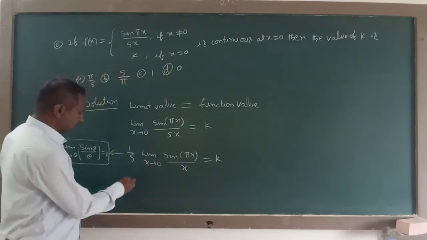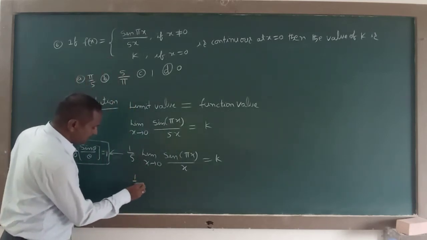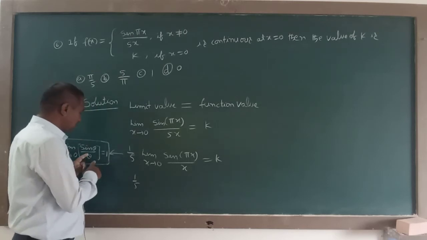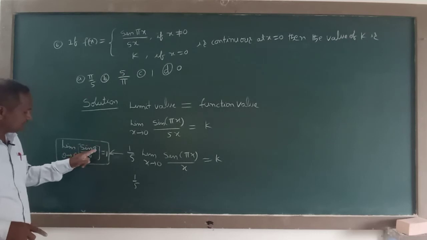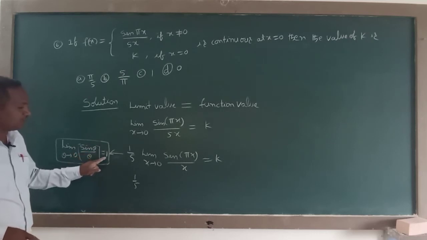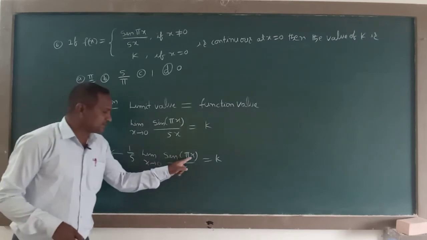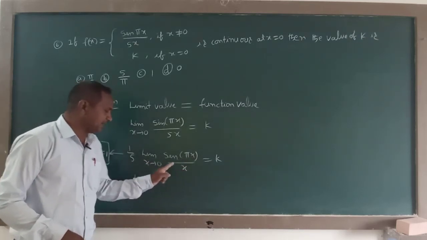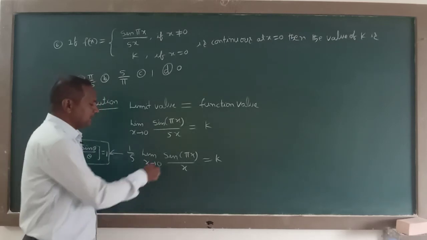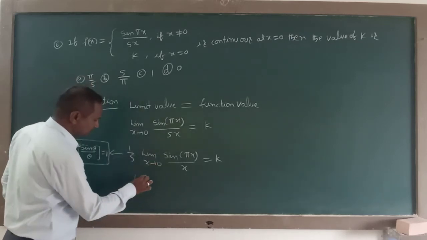See here, 1 by 5, multiply and divide with pi because numerator and denominator should be the same, then only its value is 1. Here pi x is there, here only x is there. We don't have pi here. To get pi, multiply and divide with pi here.